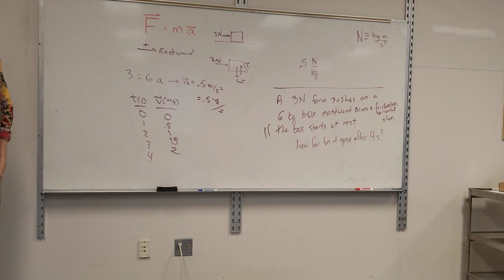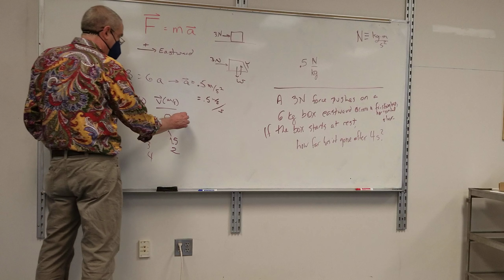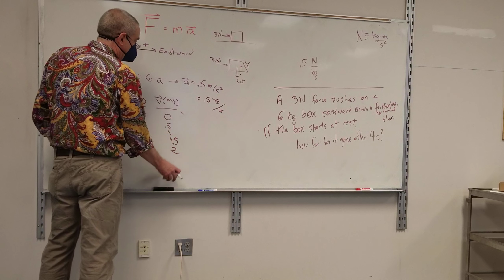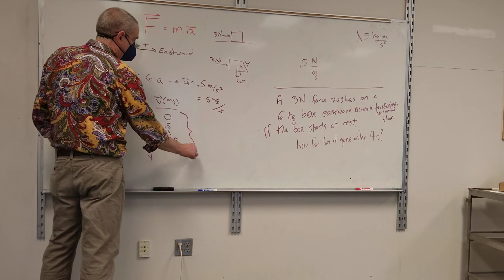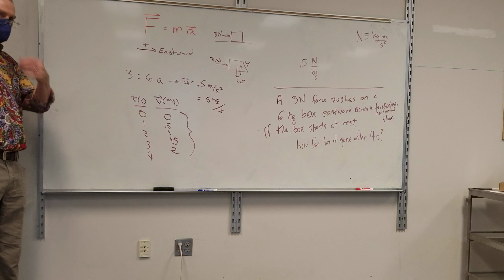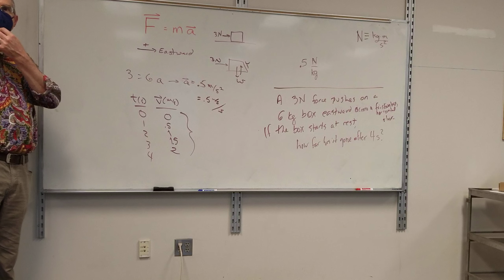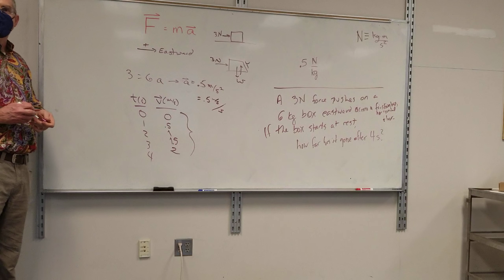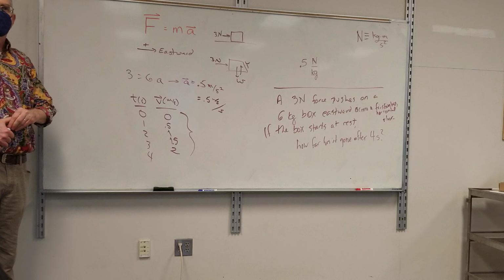If I want to know how far it went, well, what's my average velocity? What is my average velocity for these 4 seconds? 1. How'd you get that? 2 minus 0 divided by 2.